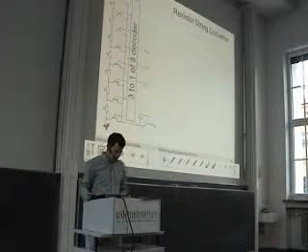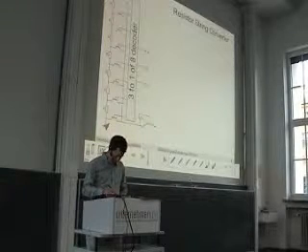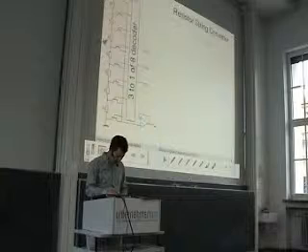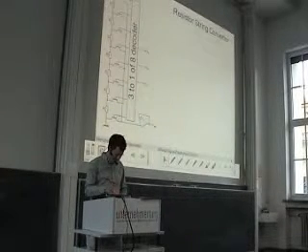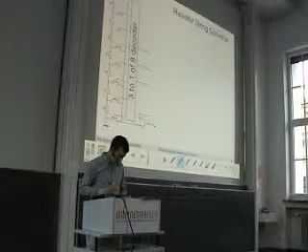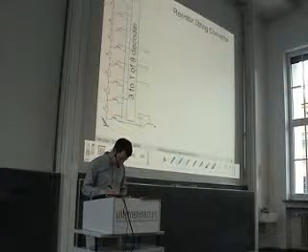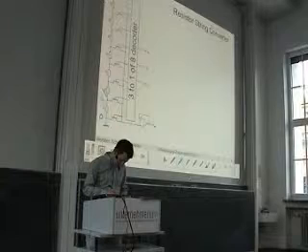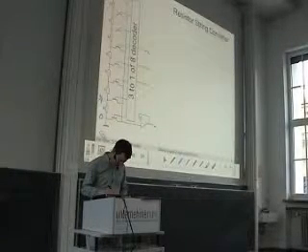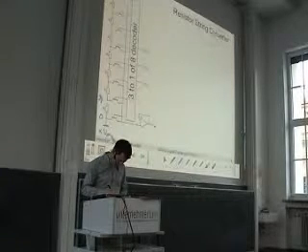So if these resistors are all the same, then you can see we have here 1, 2, 3, 4, 5, 6, 7, 8 resistors. So the voltages we have here is 0. Here we have 1 over 8 times Vref.